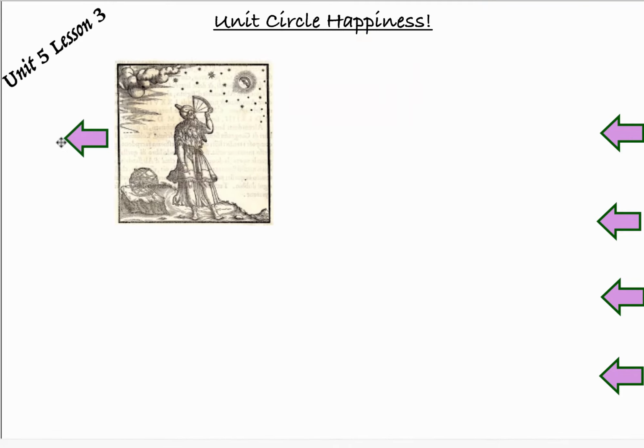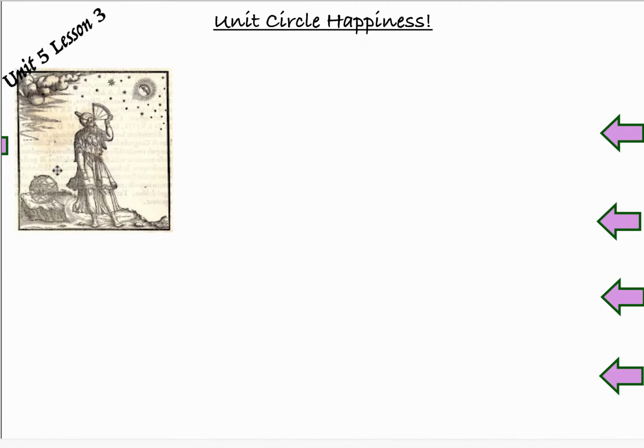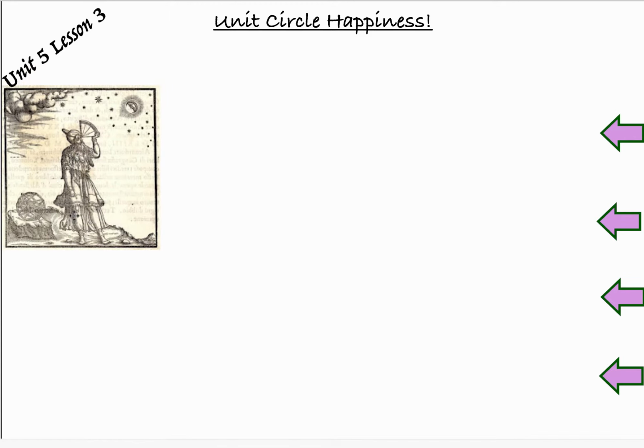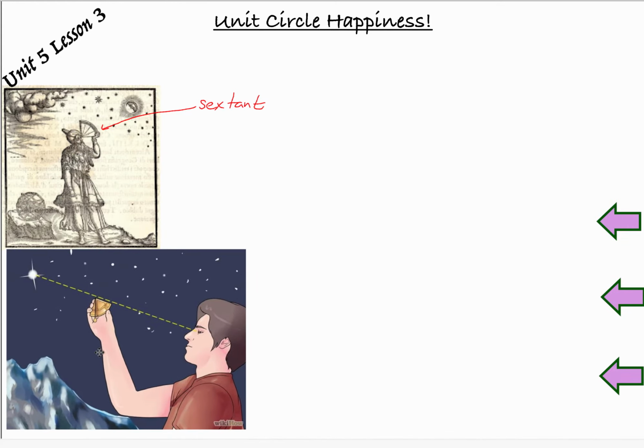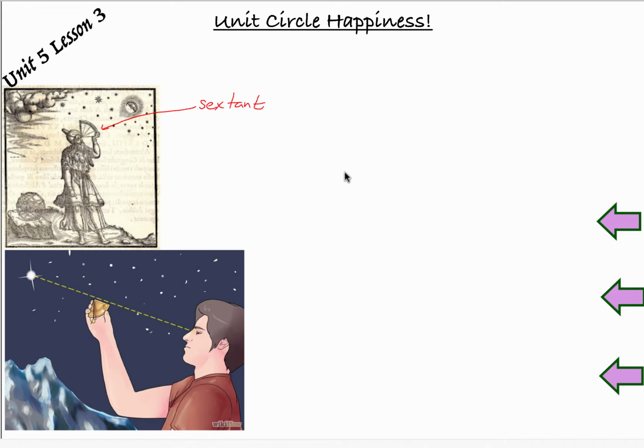Back in the day of the Greeks, you might have learned that they sailed their ships, or not even just the Greeks, everybody sailed their ship by using the stars. And this little object right here that this guy is holding is a sextant. And to this day, we can still use this sextant to help navigate and find out where we are.